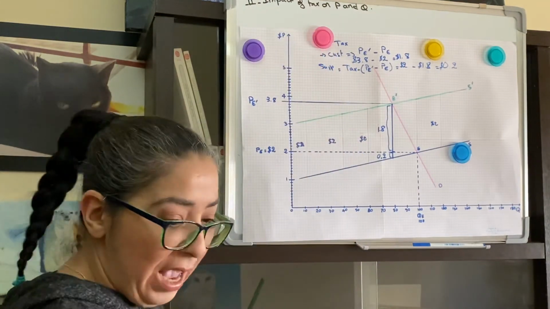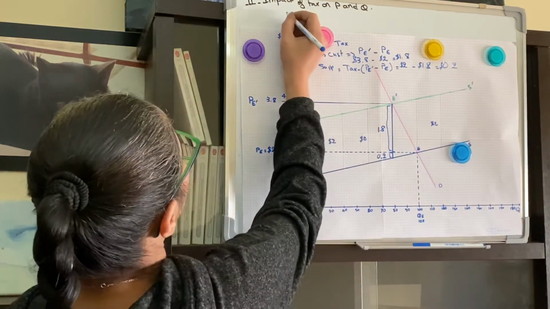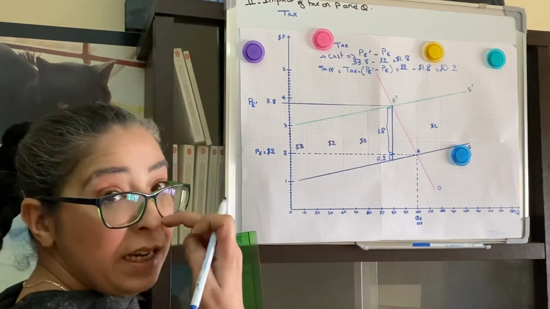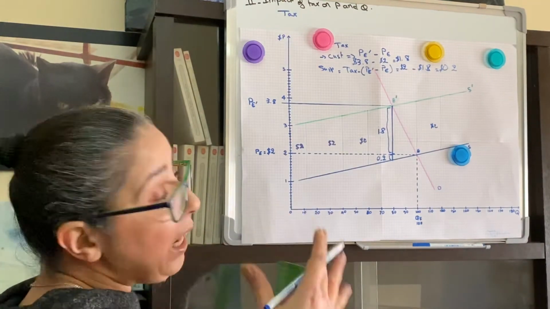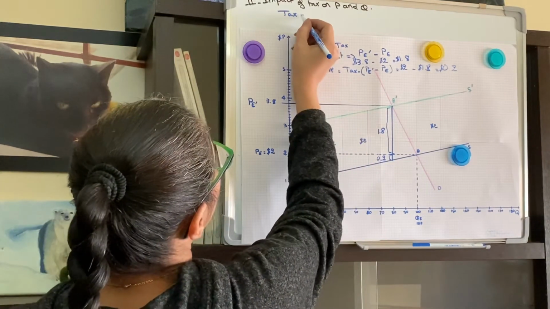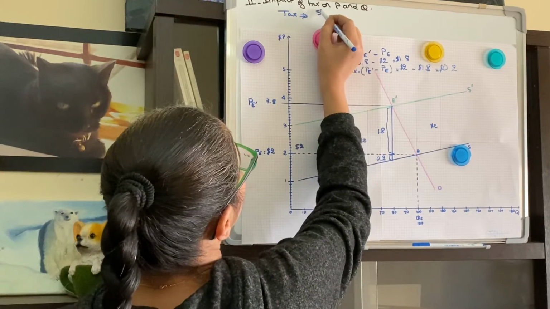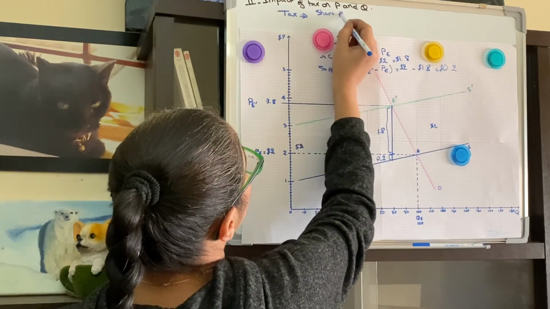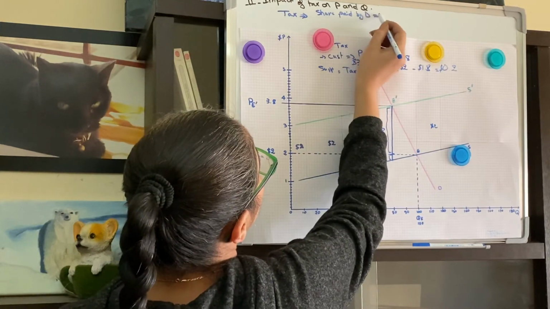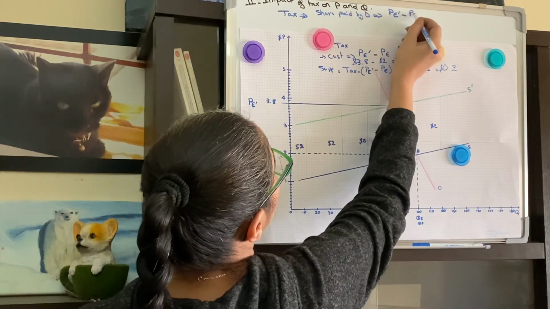When it comes to tax, we're going to divide it into the customer, the demand side, and the supply side. The share paid by demand is going to be PE prime minus PE.